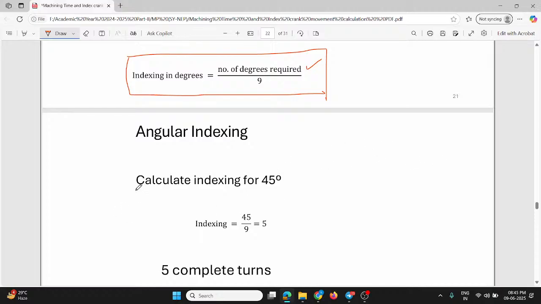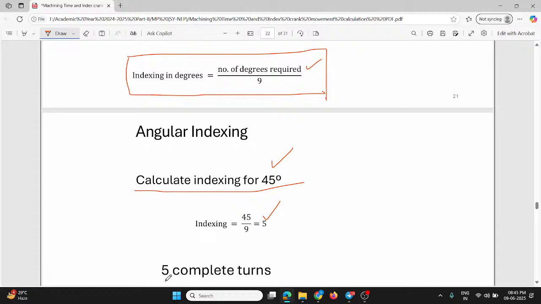Here the numerical statement is: calculate the indexing for 45 degrees. The index crank movement is equal to the same formula, the number of degrees required divided by 9. How many degrees we require to divide into equal parts, that is 45. So 45 divided by 9 is equal to 5.